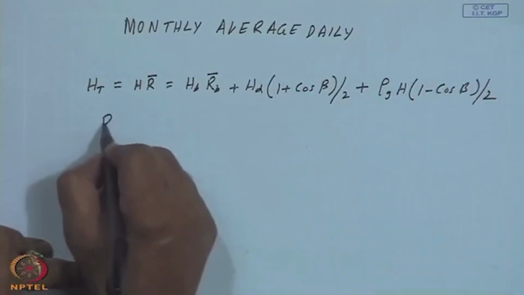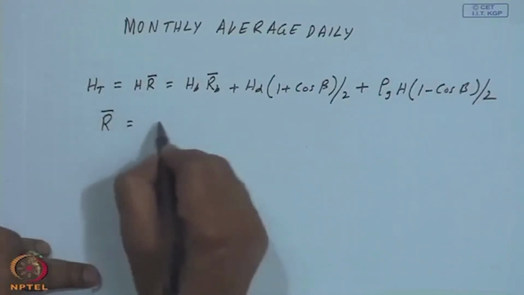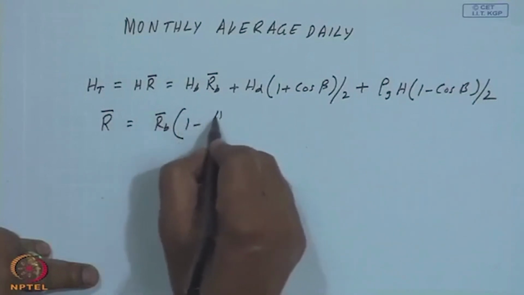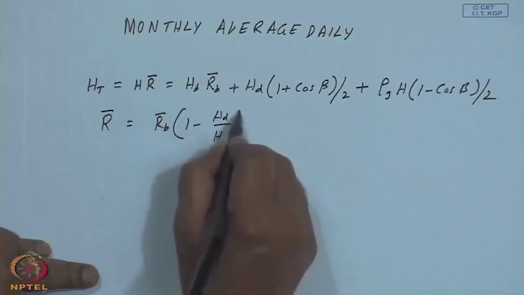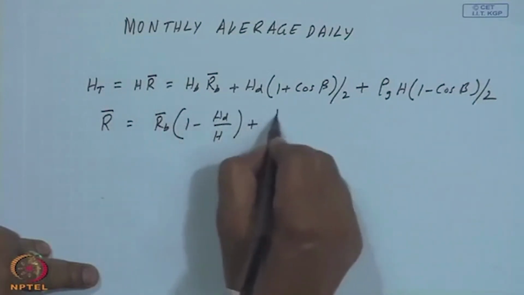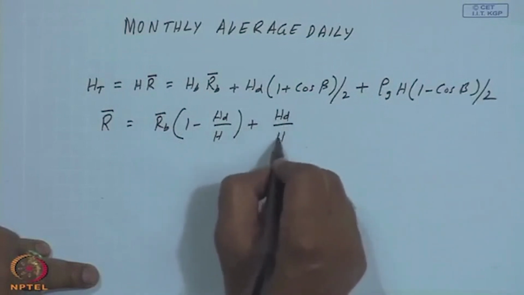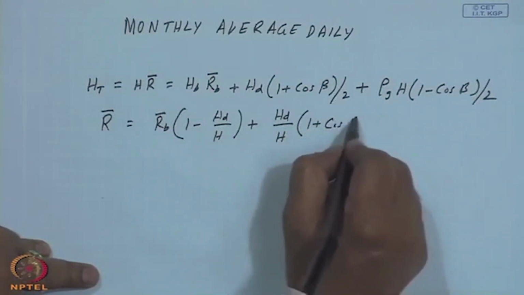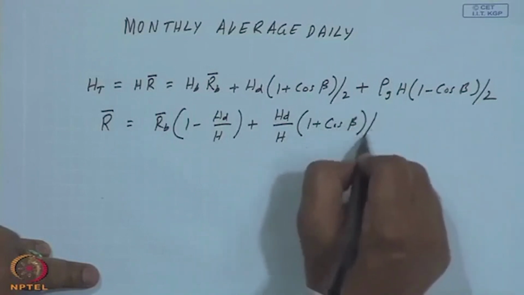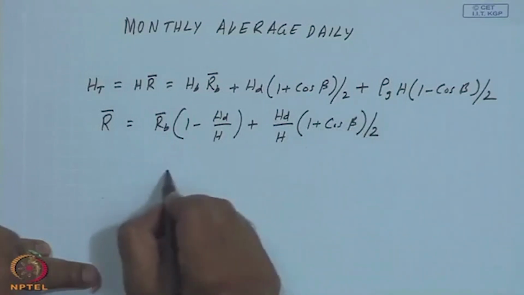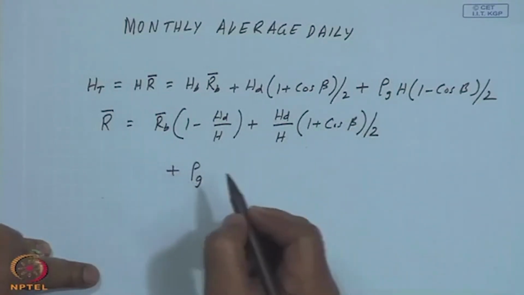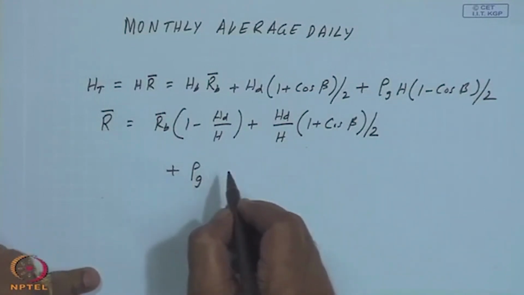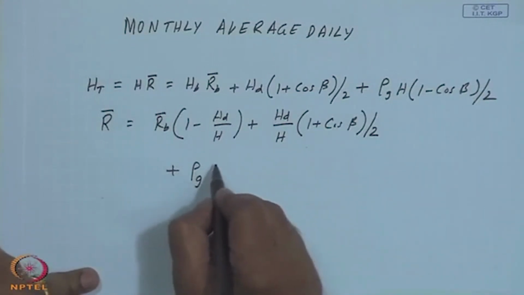So, the overall factor is given by this, which consists of the beam radiation component RB bar, the sky diffuse component and the ground reflected component.